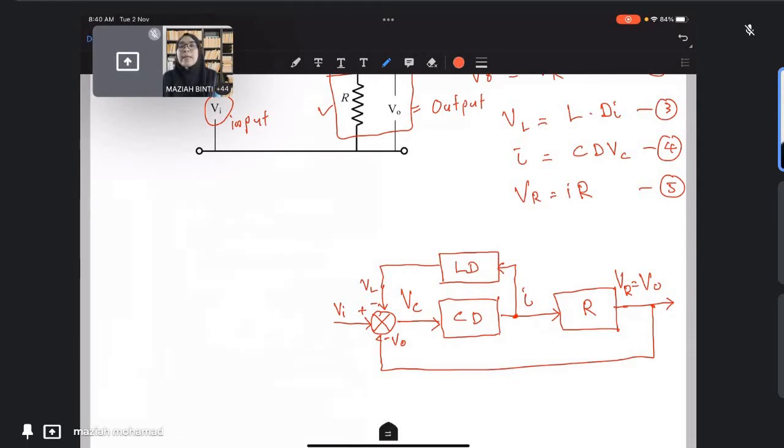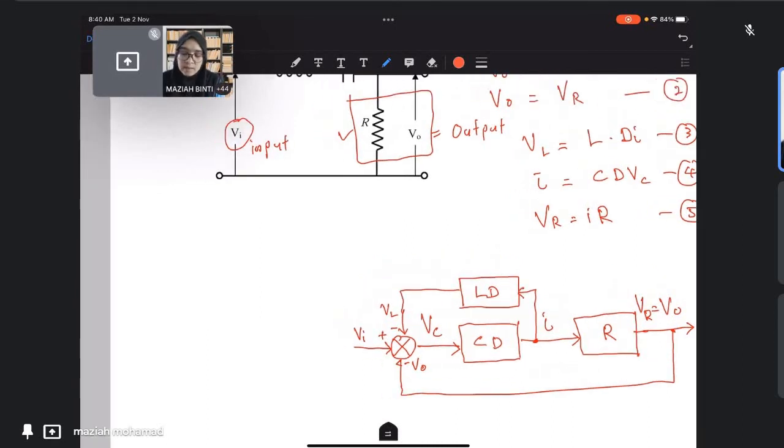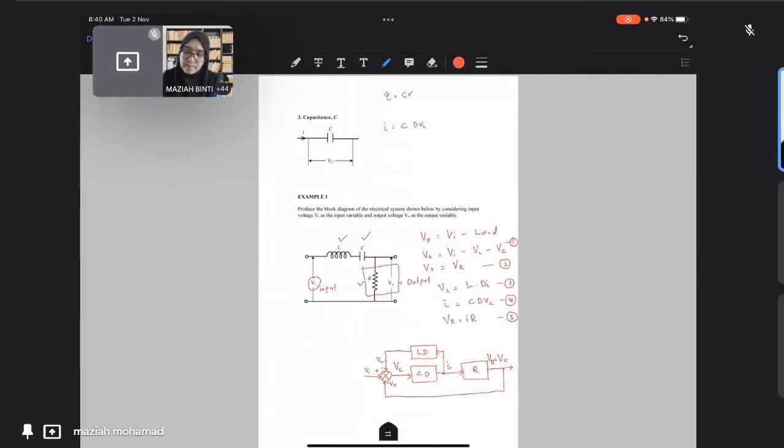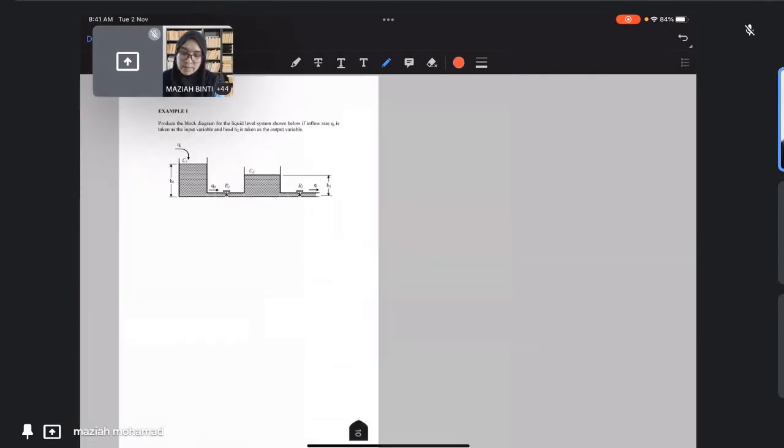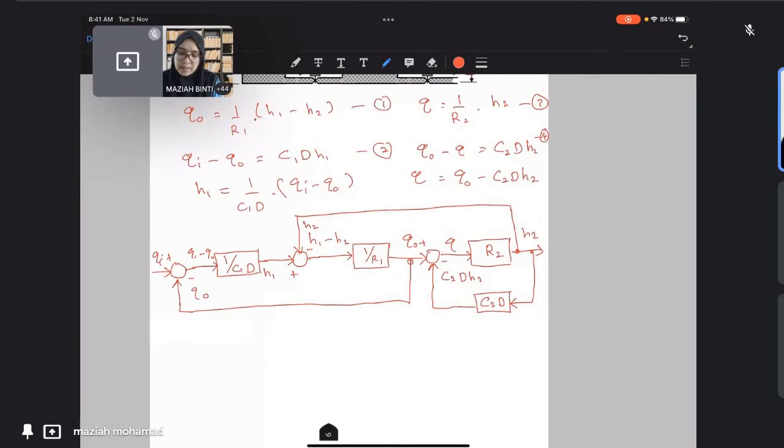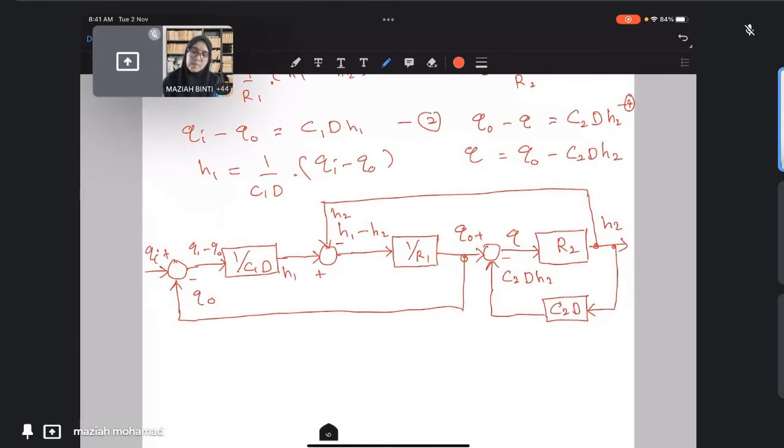As the second part, we're going to continue with getting the final transfer function. For example, in this block diagram here, you can see the input is Qi and the output is H2.